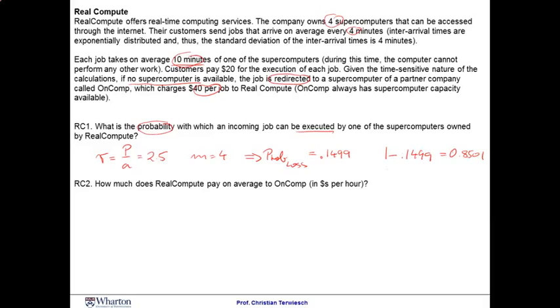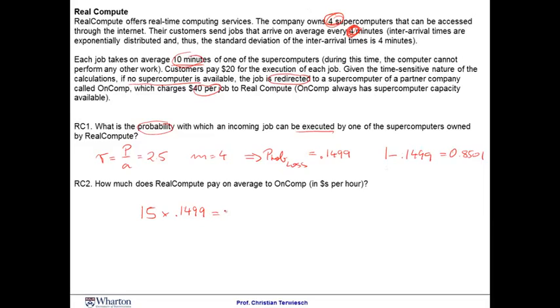The second part of the question looks at, in some sense, the overflow, and it's important to keep in mind that we have 15 jobs coming in per hour. That is just 60 minutes divided by the inter-arrival time of 4 minutes. So 15 jobs come per hour, and we know from the previous question that jobs will be turned away to the partner company with a probability of 14.99%.